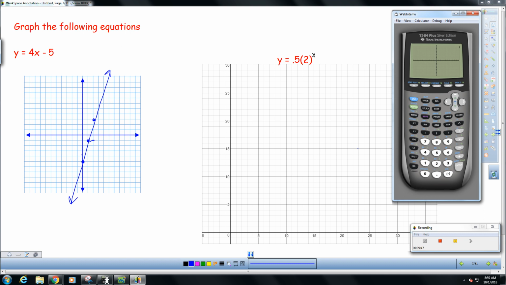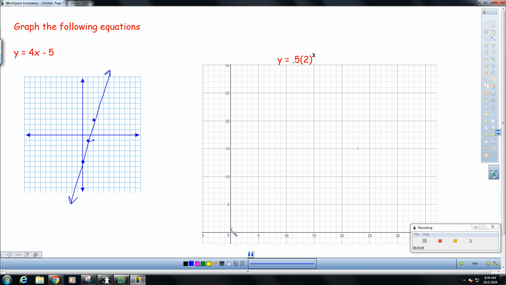Now, on the next one, let's put it in our graphing calculator and then put it in our table. So y equals 0.5 parentheses 2 to the x power, whoops, delete, 2 to the x power, there we go, okay, graph it. Alright, it's exponential. Let me just go to the table. So second graph gets me to the table. At 0, I have 1/2. I just wish it would work, but we know that it won't.